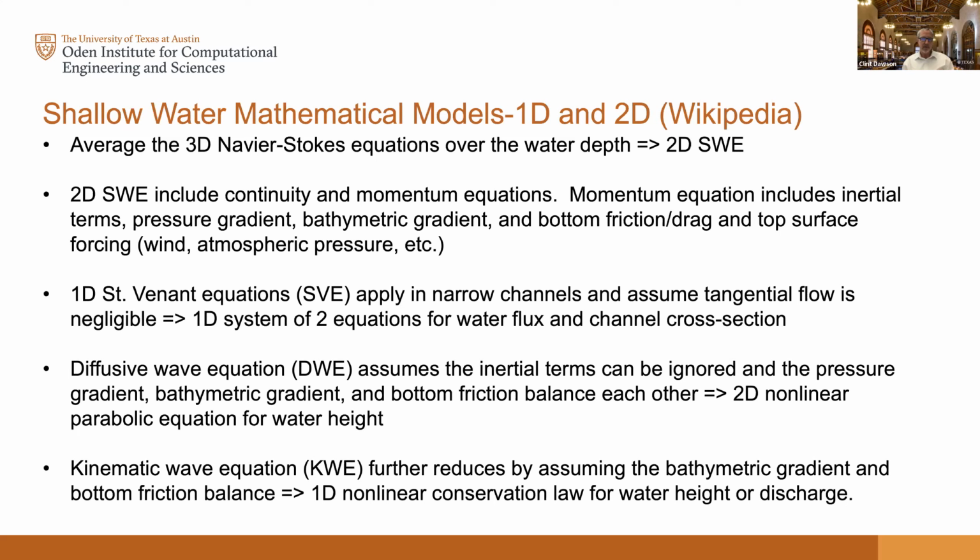So the starting point of all the shallow water models is the 3D Navier-Stokes equations. To obtain the 2D shallow water models, we assume that the vertical momentum is negligible. So the change in the vertical over the water column is negligible, and we can average the Navier-Stokes equations over the water depth. So these are the 2D horizontal momentum equations in the X and Y directions, and the continuity equation.